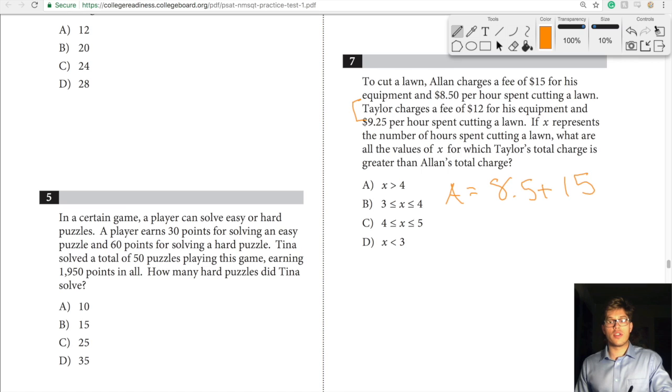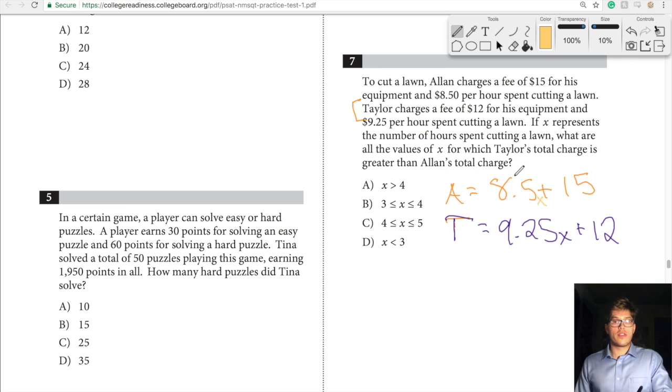Okay, let's change colors. So Taylor is $9.25 an hour plus 12. Okay, and let's not forget this is $8.50 an hour, so don't forget that x like I did.